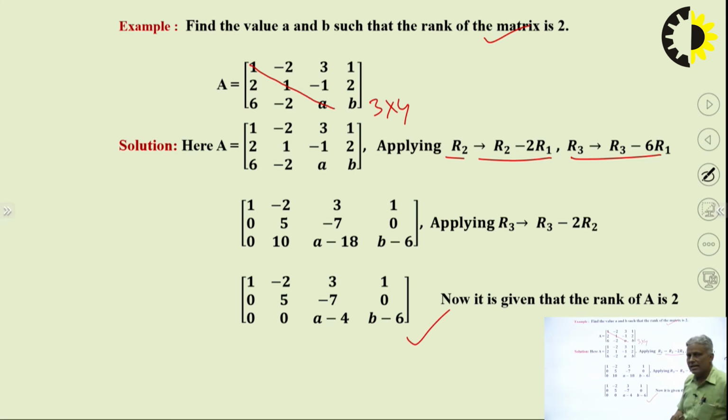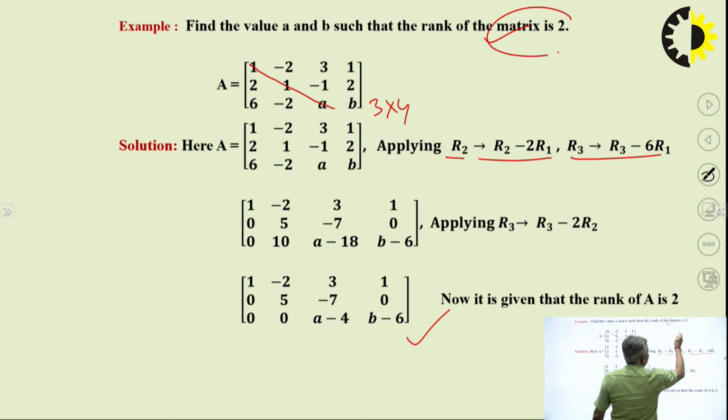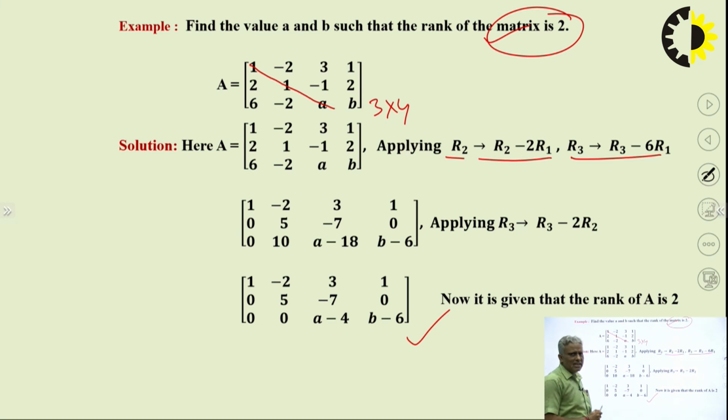Now the question is that the rank of this matrix is 2. That means there exist 2 non-zero rows, right? Because the rank of this matrix is 2, right? Initially I explained what rank is. The number of non-zero rows in a matrix is called the rank of the matrix. So there should be 0 and there should be 0, right?